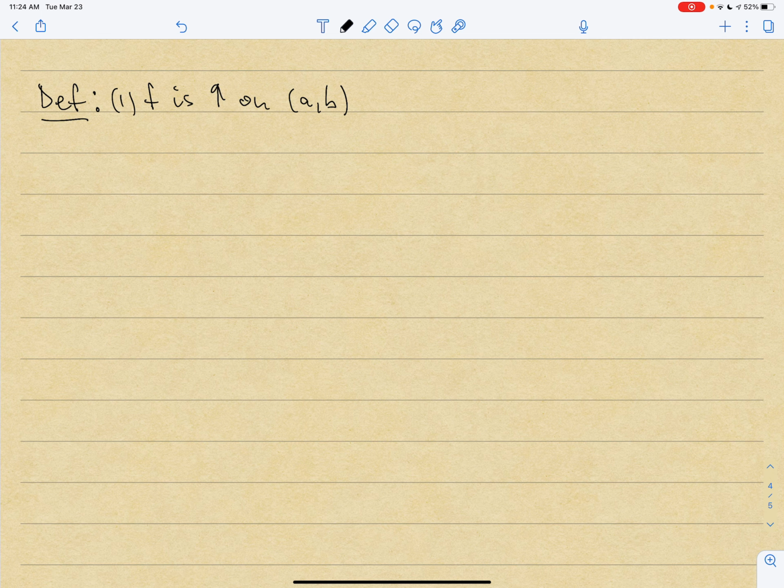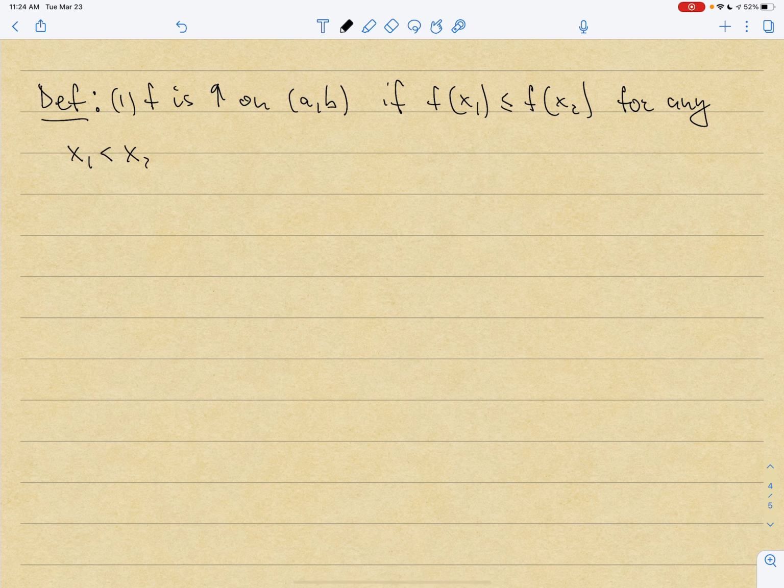So f is increasing on (a, b) if f of x1 is less than or equal to f of x2 for any x1 less than x2, where both x1 and x2 are inside (a, b).